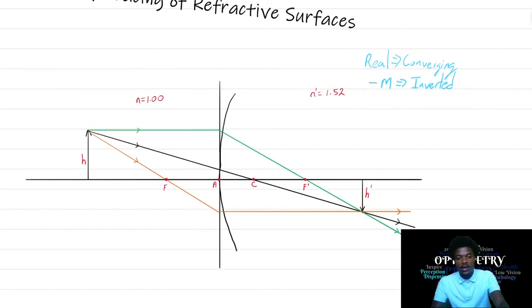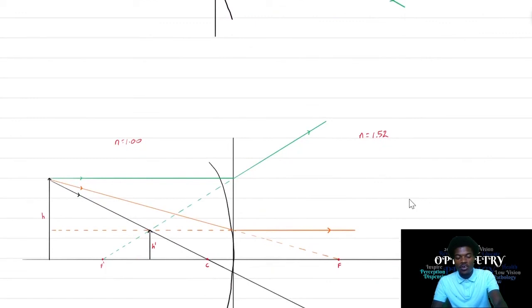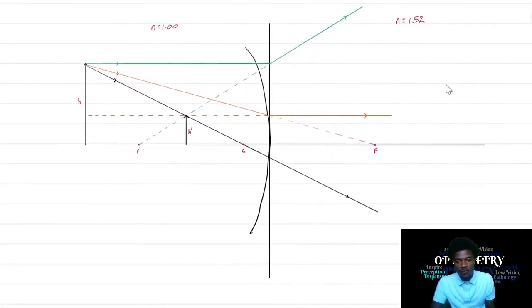So let's look at a convergent system now. Sorry, a divergent system now. As we have it here, less dense to a more dense medium. We have the object, and we have our first line. As I said before, our first line runs parallel. It refracts at the principal plane.